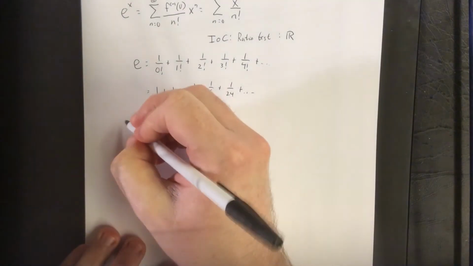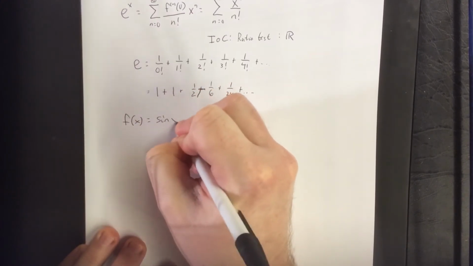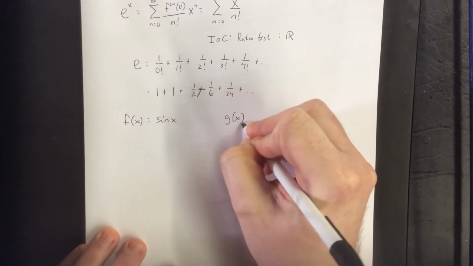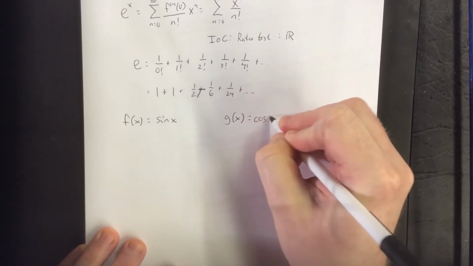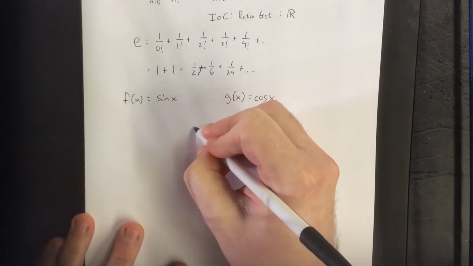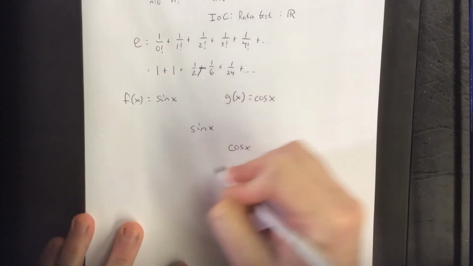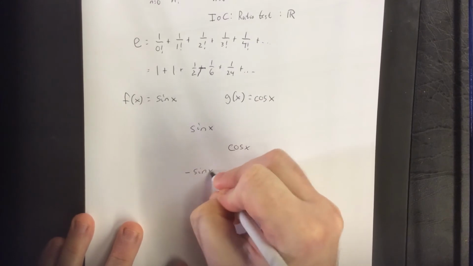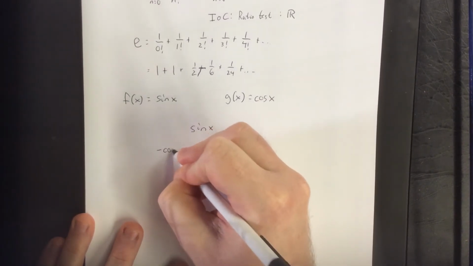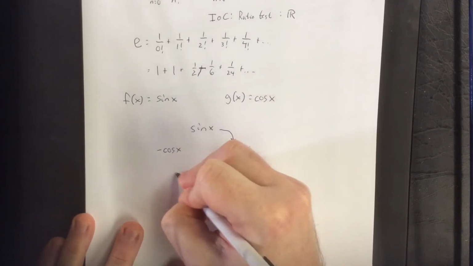Two others that have very common derivative patterns would be the sine of x as well as the cosine of x. Most suitably, the derivatives of these two functions: derivative of sine of x gives you cosine of x, derivative of cosine of x gives negative sine of x, and derivative of negative sine of x gives the negative cosine of x.